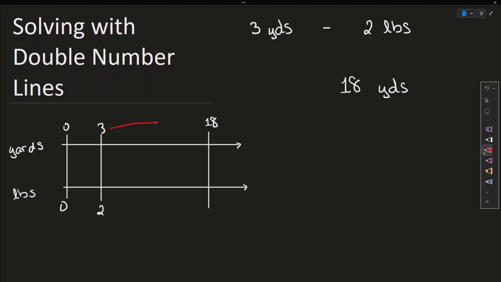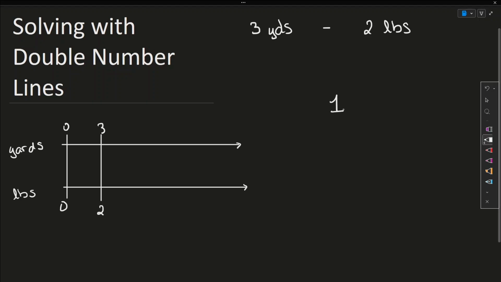To get from 3 to 18, I need to multiply by 6. So on the bottom, I will multiply by 6 as well. 2 times 6 is 12. So 18 yards weighs 12 pounds. This is a nice example because 18 is a multiple of 3, so scaling is straightforward.